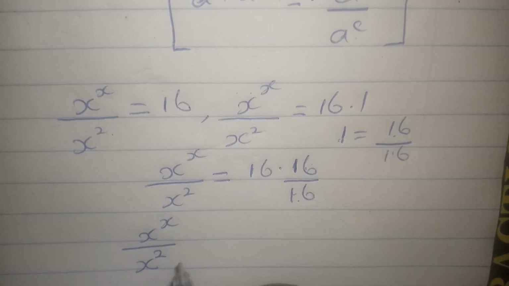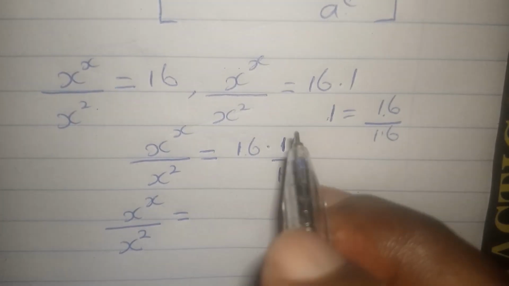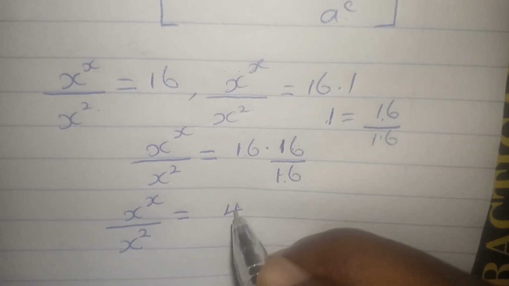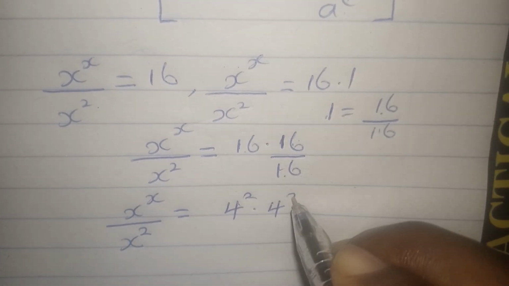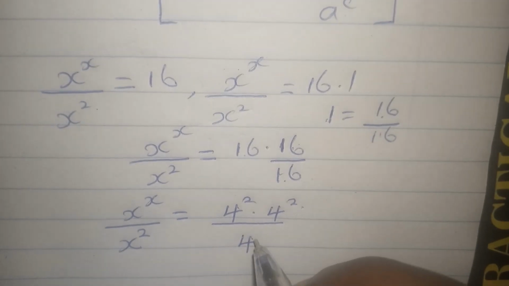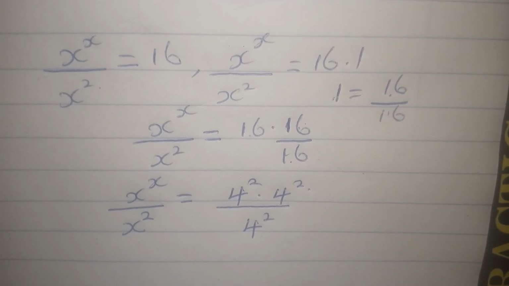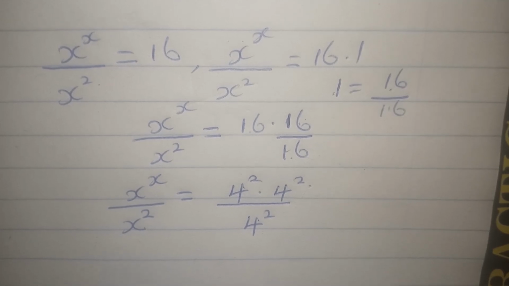Okay, so from here we can write x to the power of x over x to the power of 2 equals, so we can simply break 16 down to be 4 to the power of 2. So we have 4 to the power of 2 times 4 to the power of 2 over 4 to the power of 2. Okay, so we can now see that we are getting close to the value of x now.